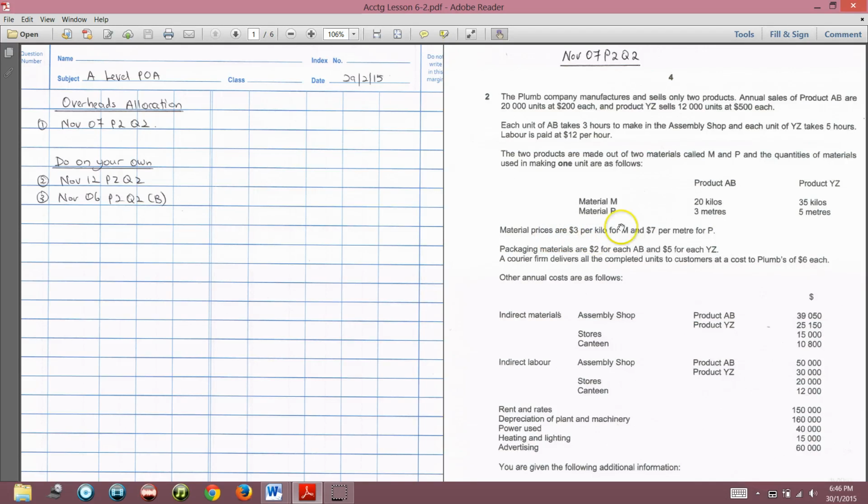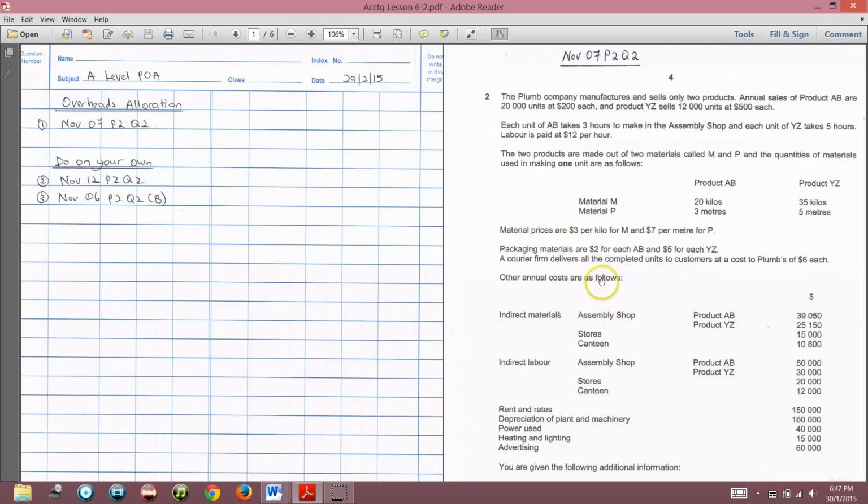The direct costs are costs that you can easily identify with one unit of product. It means that for one unit of product AB, you can easily know how much my material cost is and how much my packaging material is, because it can be easily known.